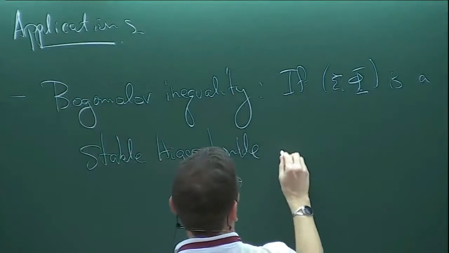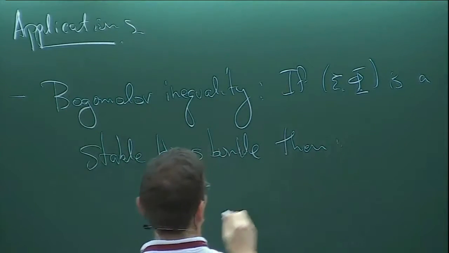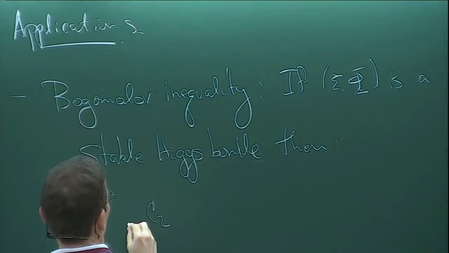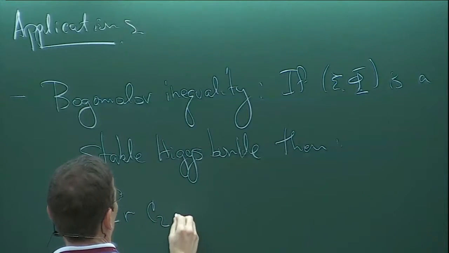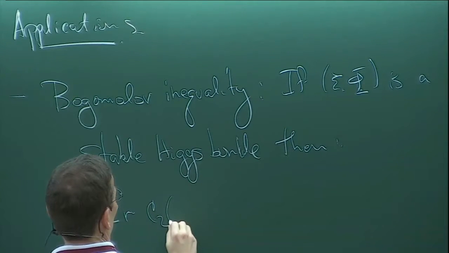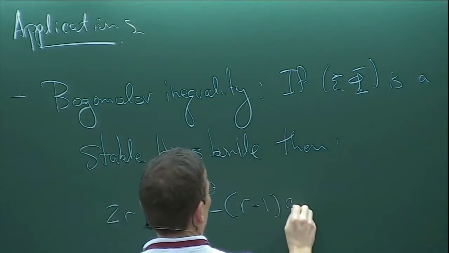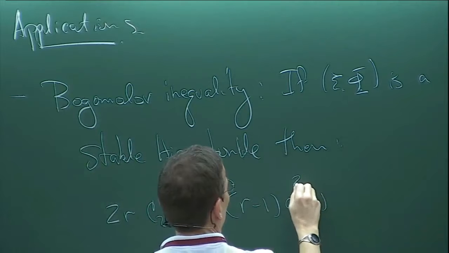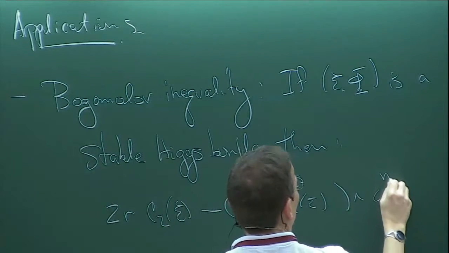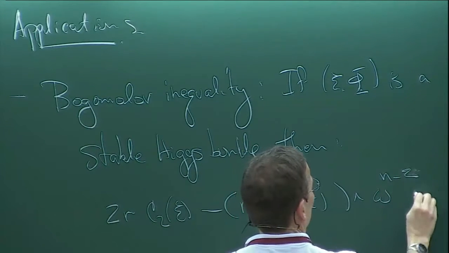again on a compact Kaehler manifold, then we get an inequality of Chern numbers. So 2r c_2 of E minus (r minus 1) c_1 squared of E is positive.